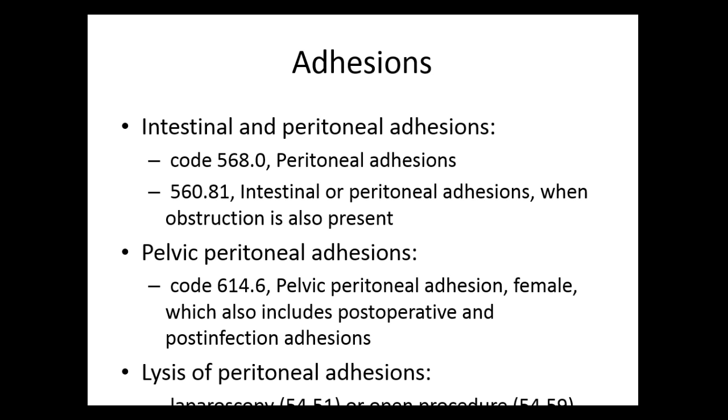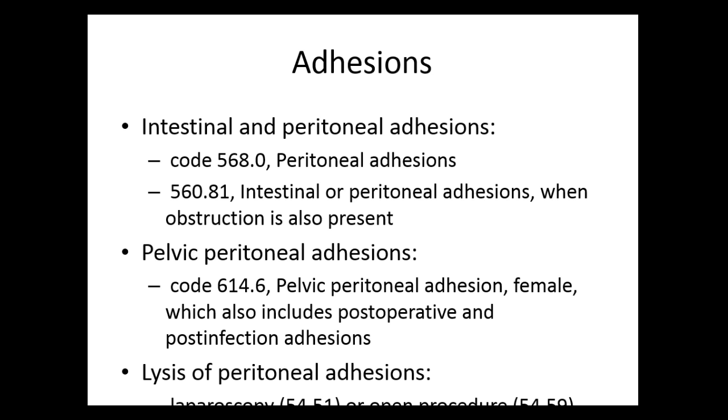Codes for adhesions and lysis of adhesions may be reported when there is a strong band of adhesions causing obstruction that prevents the surgeon from gaining access to the organ to be removed, and a surgical lysis is required before the operation can proceed.